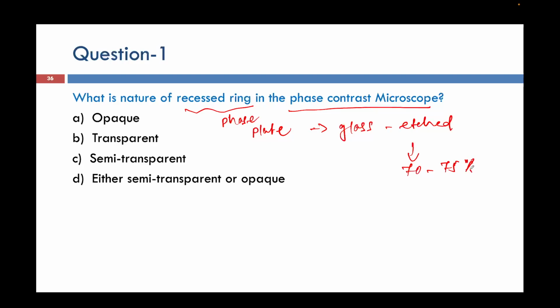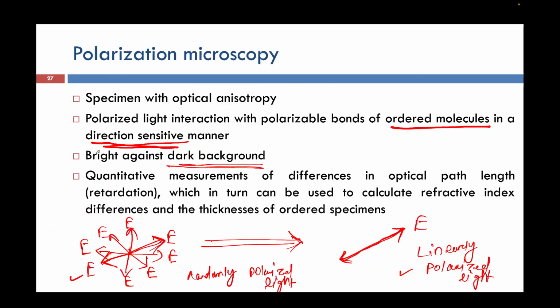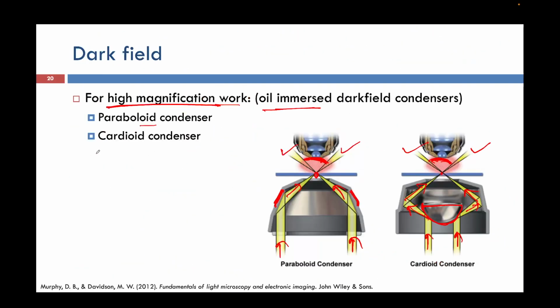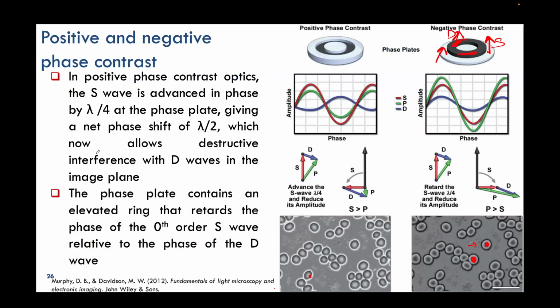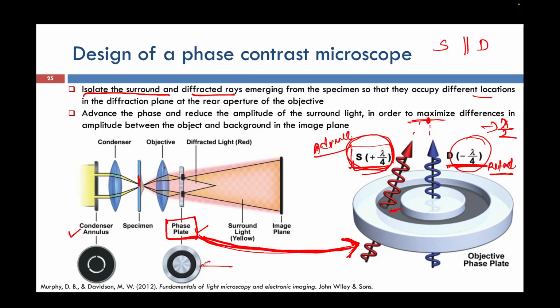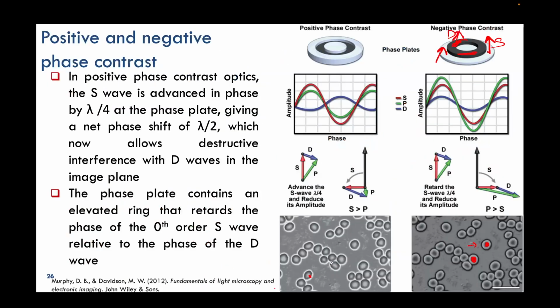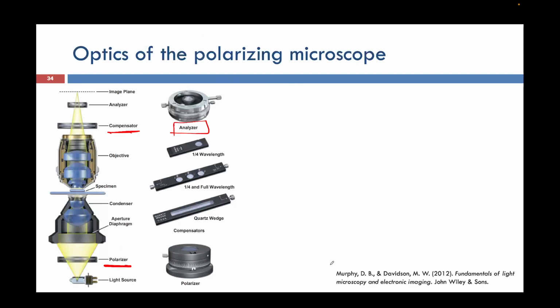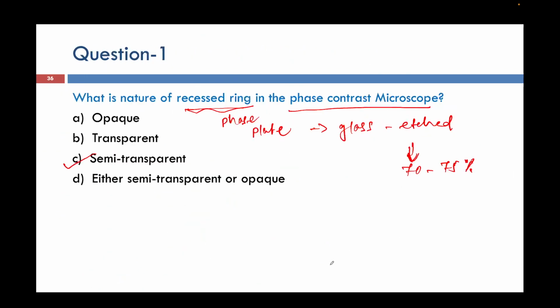That means some intensity we are letting pass through this recessed ring, right? So the correct answer should be semi-transparent. The phase plate, if you remember, is in the phase contrast diagram here. This will be semi-transparent. So this is called the recessed ring.